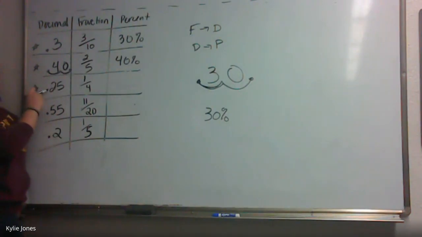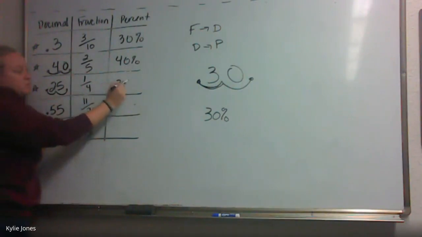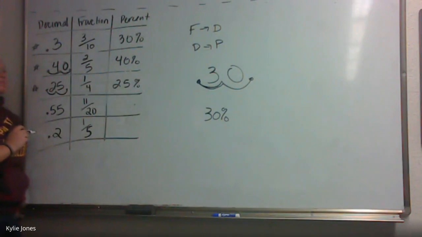Move it 2 places to the right, 1, 2, and you get 25%. I think this is the easiest part. Decimal to percent and percent to decimal are my favorite ones because you just move it twice. Our next one, 0.55.